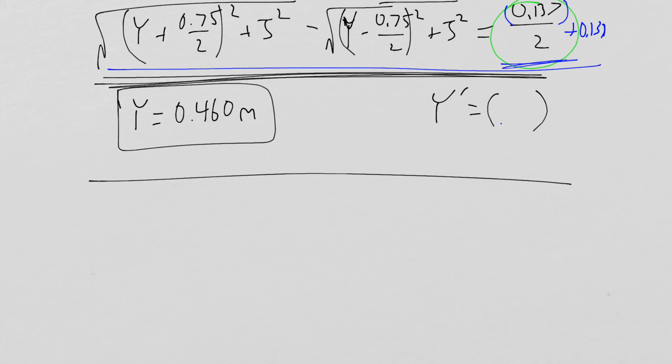So let's go back to this equation. If the two speakers are moved closer together, this term here and this term here are a bit different. Namely, they're smaller. Instead of being 0.75 over 2, maybe it's like 0.1 over 2. It's a smaller number.